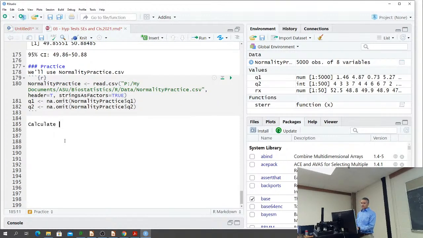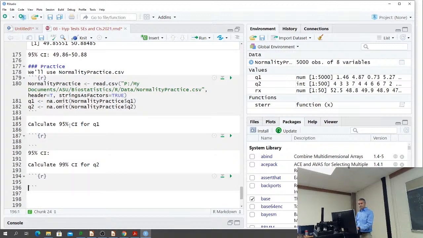So we're going to calculate, let's do the 95% confidence interval for Q1. We'll do that one first. And then for Q2, how about we calculate a 99% confidence interval? Oops, I'm going to move that down.